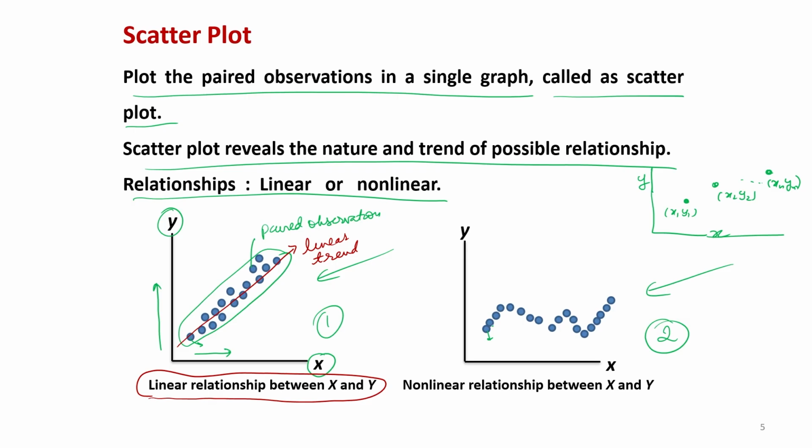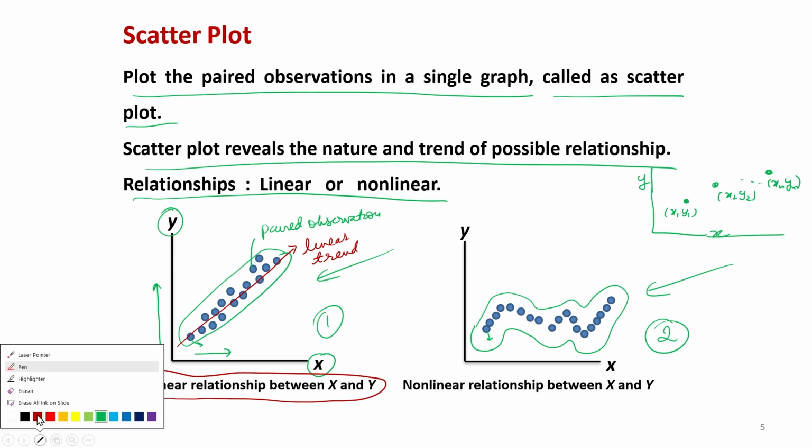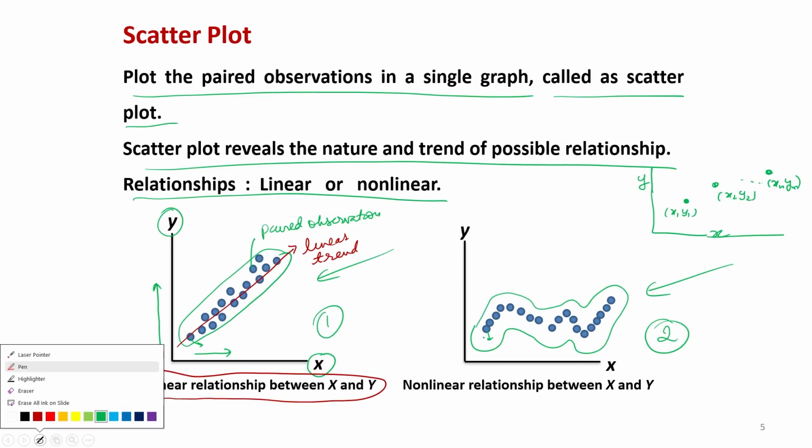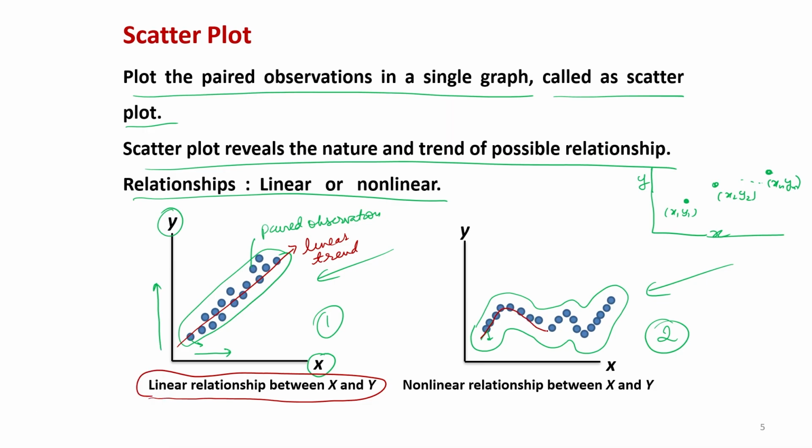You can see there is no linear trend, but the observations are lying in this type of band, and the relationship is something like this. Obviously, from common sense also, you can see that the relationship here is non-linear, and the trend of the observations showing the relationship between x and y is also non-linear.